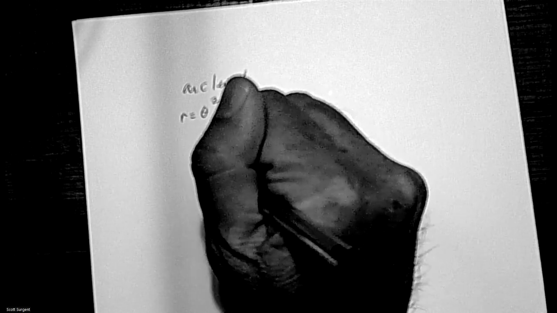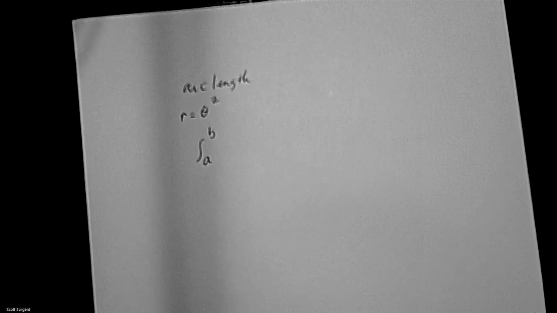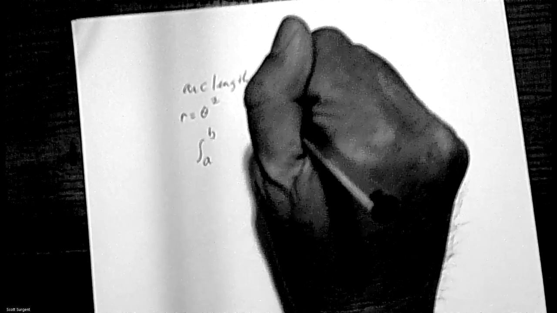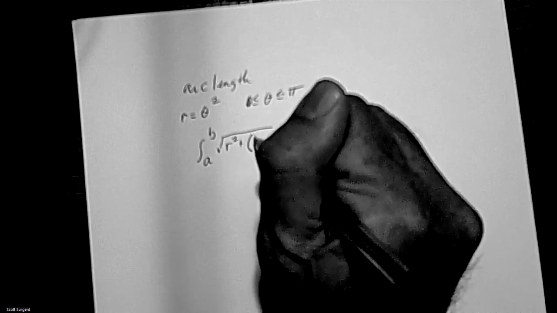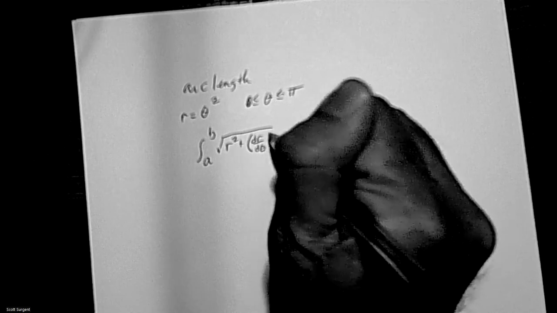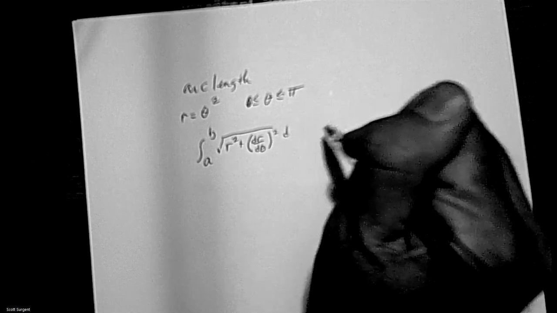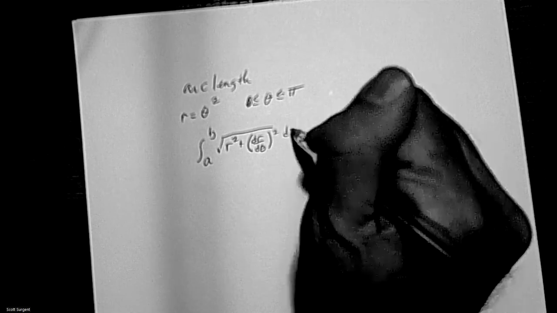So it's the same as in Cartesian. You have bounds. In fact, I forget what the bounds are. Oh, was it 0 to pi? Yeah, it was 0 to pi. All right. So the general form is the Pythagorean form here, and it's going to be d theta.